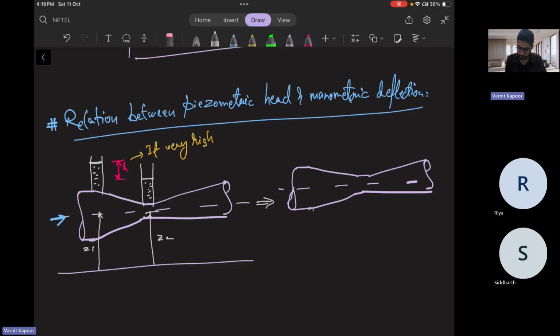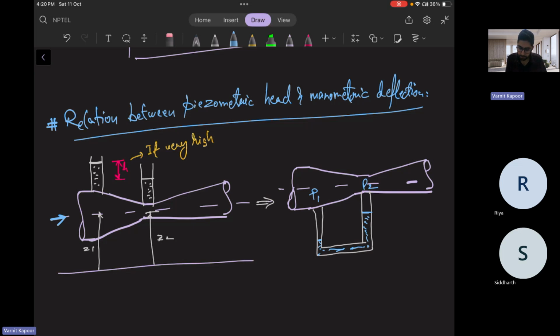So pressure will be high here, so fluid displacement will be more here, and pressure is low here because velocity is high. So this is your position 1, and this is your position 2, P1 and P2.